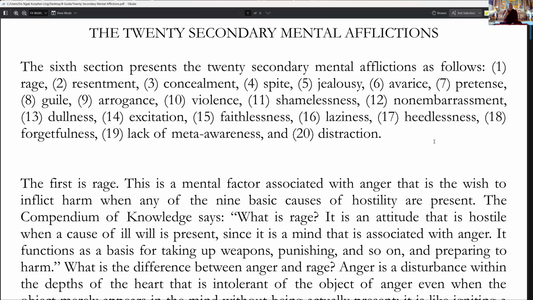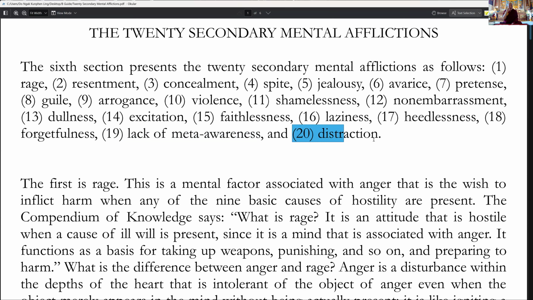And then the last part here: shamelessness and non-embarrassment, or sometimes it says not concerning others. Or what do you call it? Forgetfulness, and then lack of meta awareness, and then distractions.